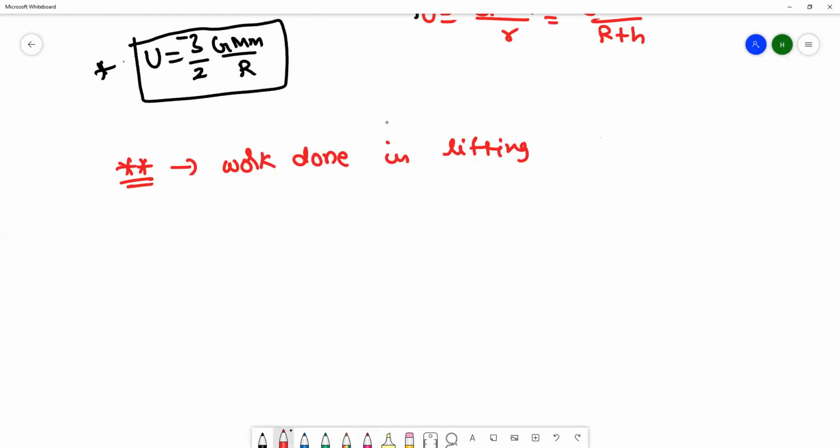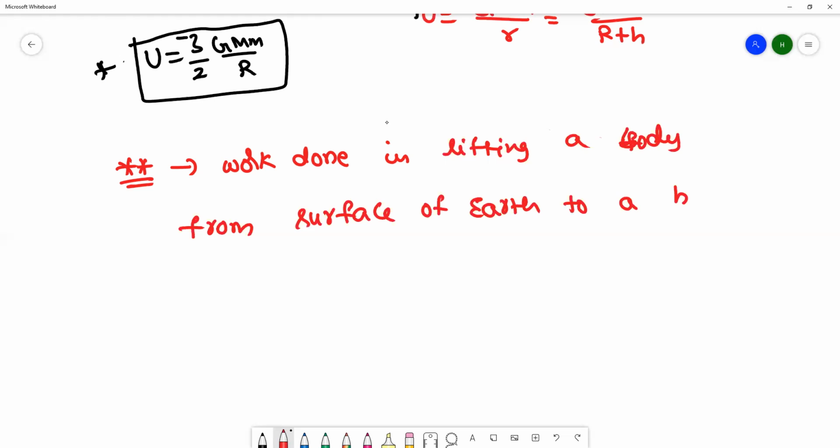So not bringing, it's lifting. Work done in lifting a body from the surface of earth to a height h or r against gravitational force.